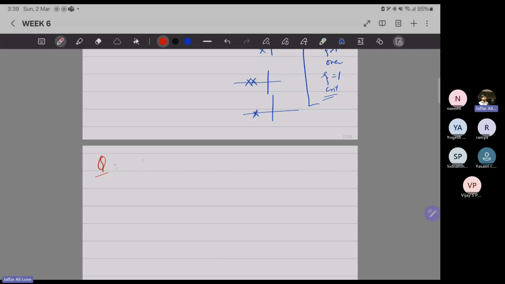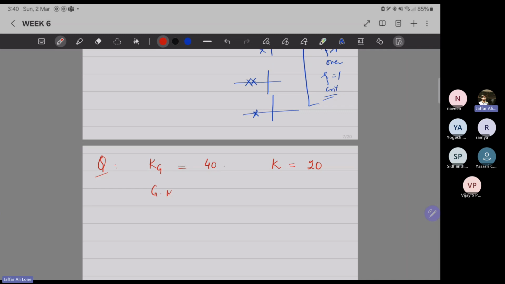Okay, so the question is about the critical value of gain. Let's assume the critical value of gain of a system is 40, and the system is operating at a gain of 20. So what is the gain margin?